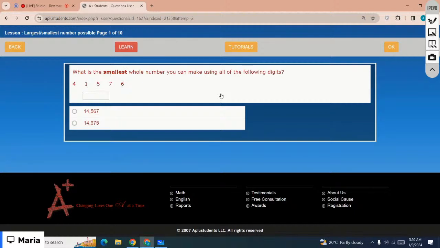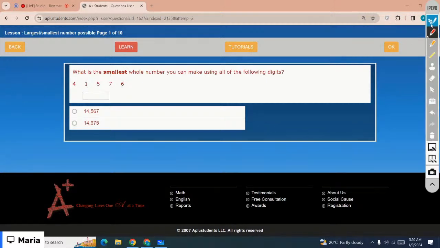Okay, what is the smallest whole number you can make? When you are writing the smallest whole number, you have to write down the smallest number. You need to make the place value chart, that is 1, 2, 3, 4, 5 digits, right? Ones, tens, hundreds, thousands, and 10,000. First you write the smallest number at the highest place value, which is 10,000.